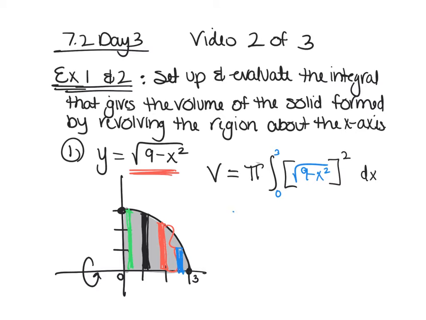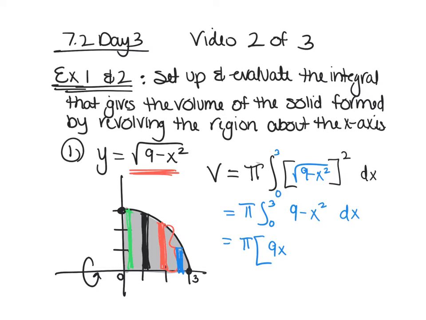Okay? So before we go ahead and integrate this, I do want to simplify the square root of 9 minus x squared, squared, which is just 9 minus x squared dx. And sometimes you may have to use u-sub. Sometimes you may have a trig function in there, or maybe an exponential. You know how to do all those, so don't forget that. This one is simple. It's just our power rule, so we will go ahead and do that.